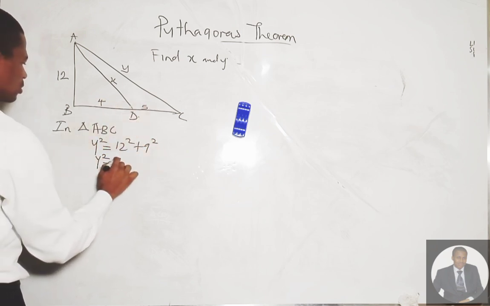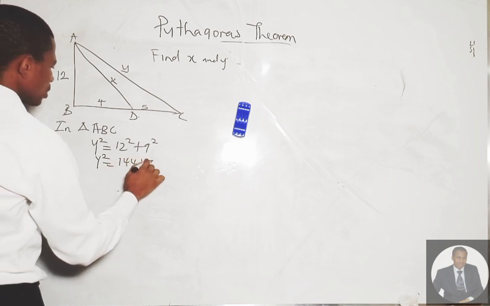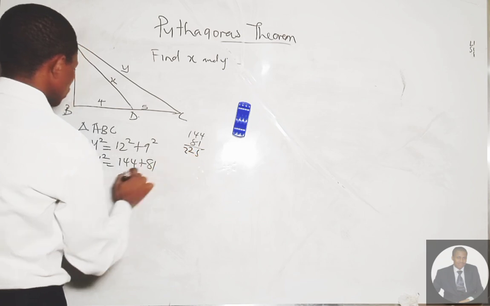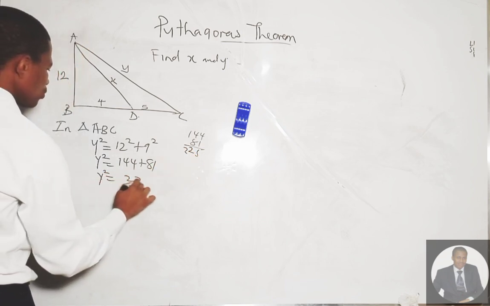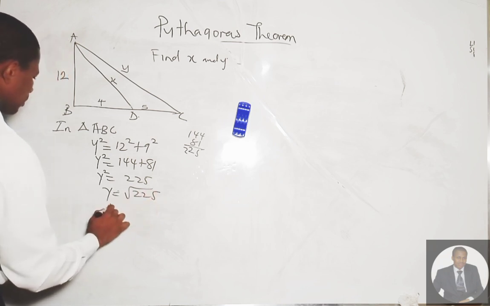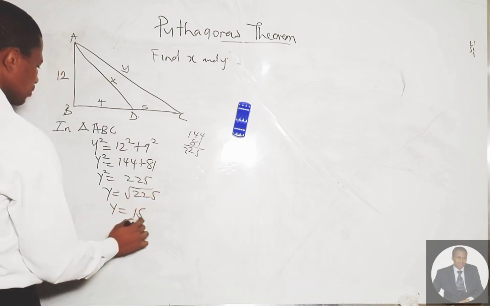So y squared will be 144 plus 81. 144 plus 81 is 225. So y is the square root of 225, and y will give us 15.